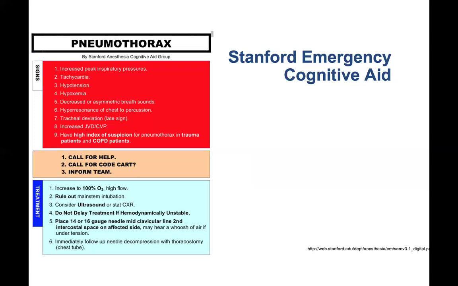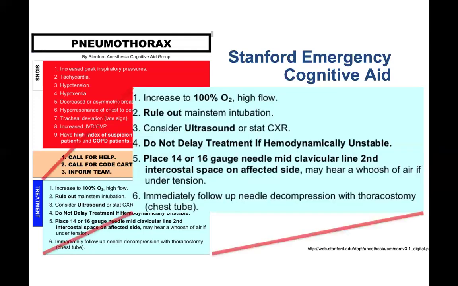This is a Stanford emergency cognitive aid for all of our anesthesiologists, and it's put together of all the emergencies that anesthesiologists should be aware of and able to treat. If you go through the treatment, again, you're going to increase to 100% O2, high flow. Rule out, of course, a mainstem intubation.